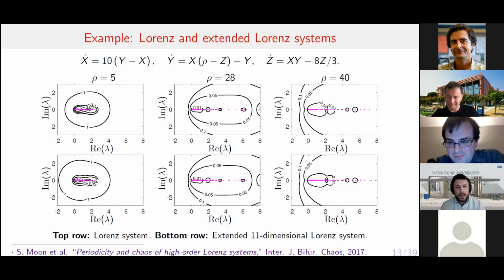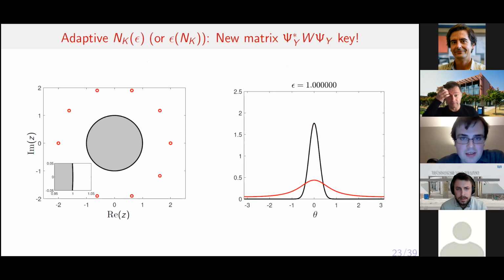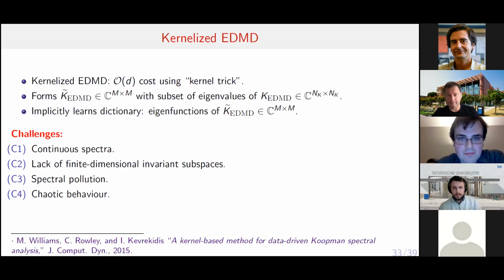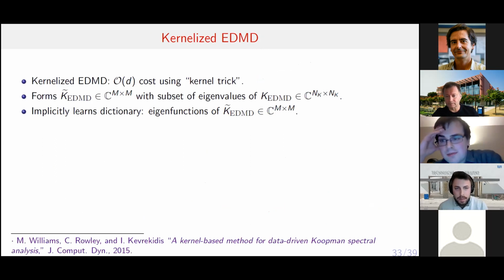I was wondering, you've mentioned learning a dictionary and EDMD, right? It's somewhere close to this slide, or I think before, right? Probably before. Yes, way before. Yeah, it's this stuff. So you basically mentioned the kernel trick and the kernelized EDMD method, right? Yeah.